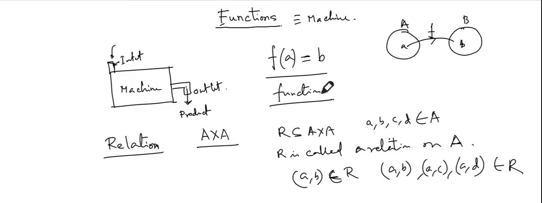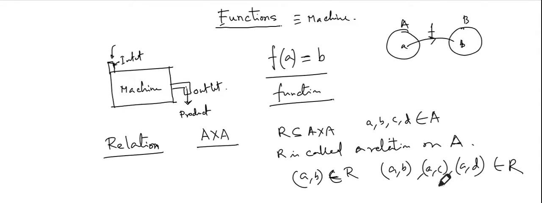But in a function, if we give a, the raw material, here, it cannot give a product b at one time, or c another time, or d another time. That means if we give a, suppose once the product is b. Again, if we give a, the product becomes c. Even if we give a in the machine, it gives d.